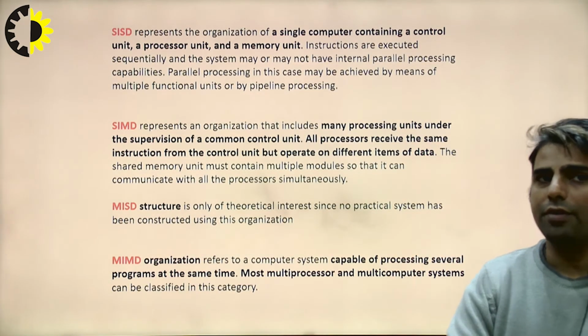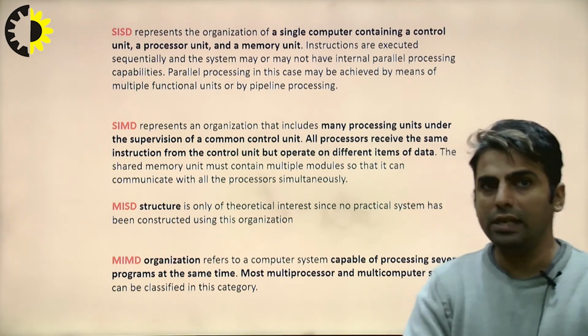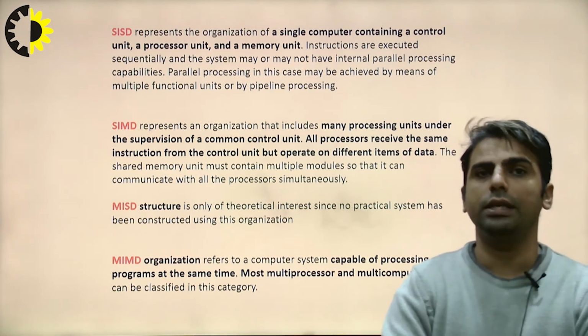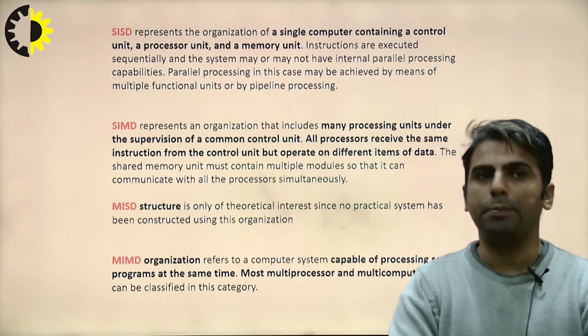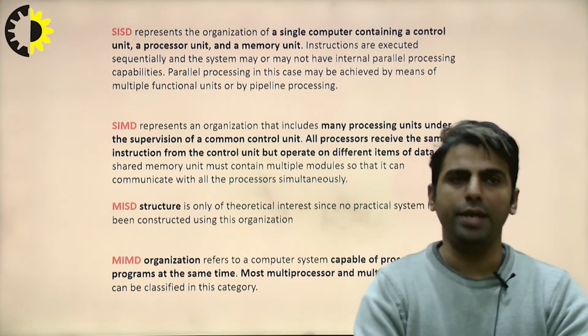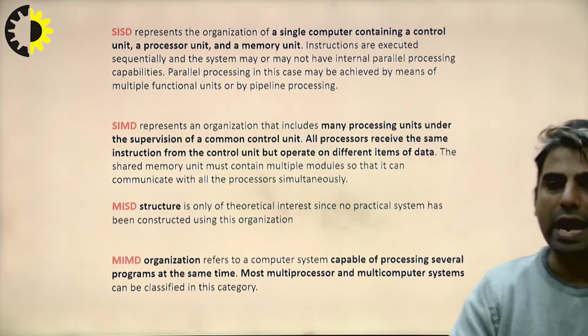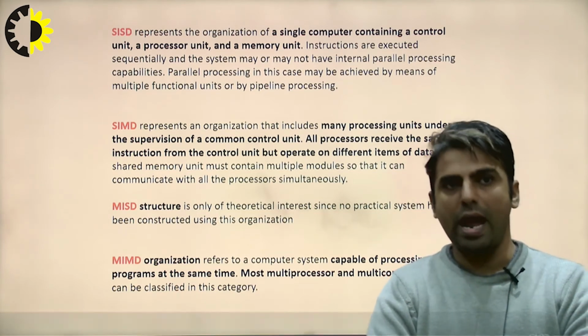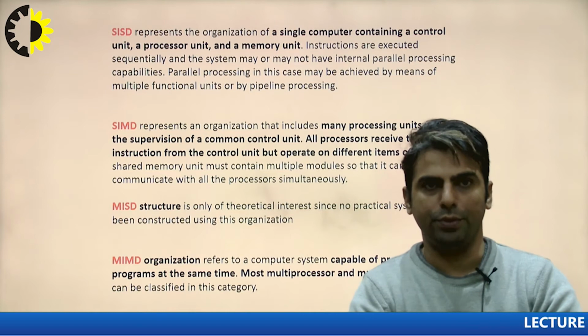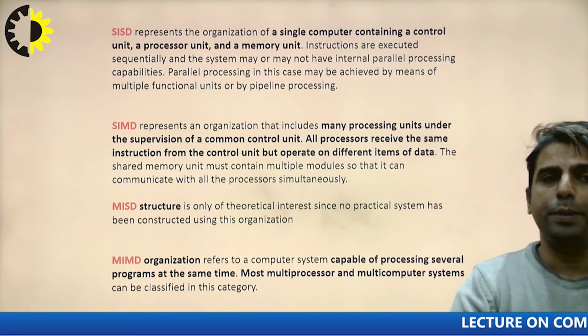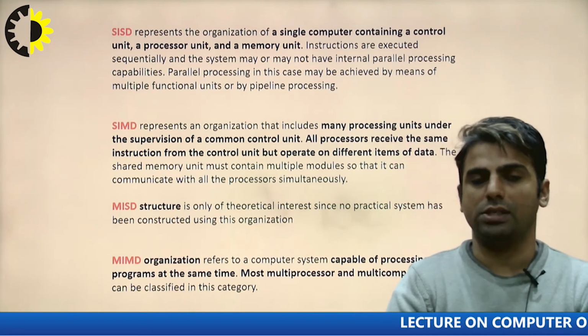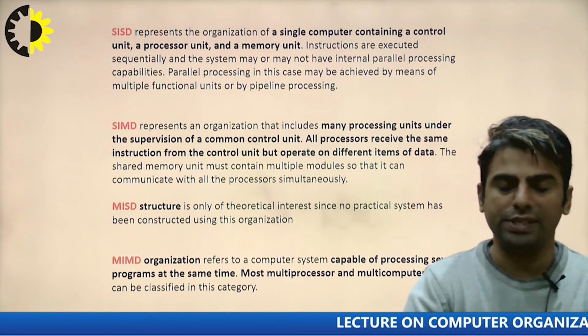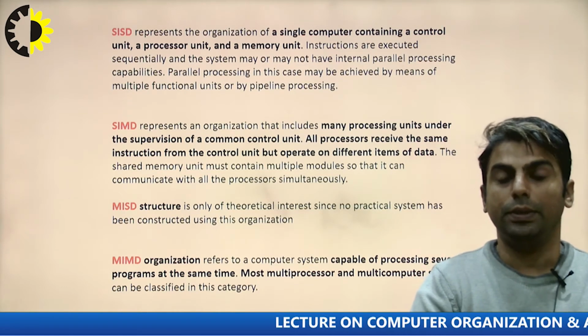Okay, that represents an organization of a single computer containing a control unit, a processor unit and a memory unit, right? So SISD basically has a single control unit, a single processor and a single memory unit, right? So basically a single task is being processed by the single unit in this.